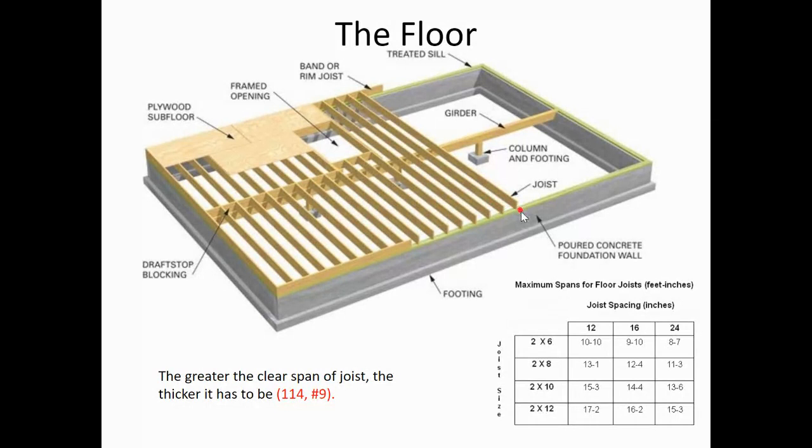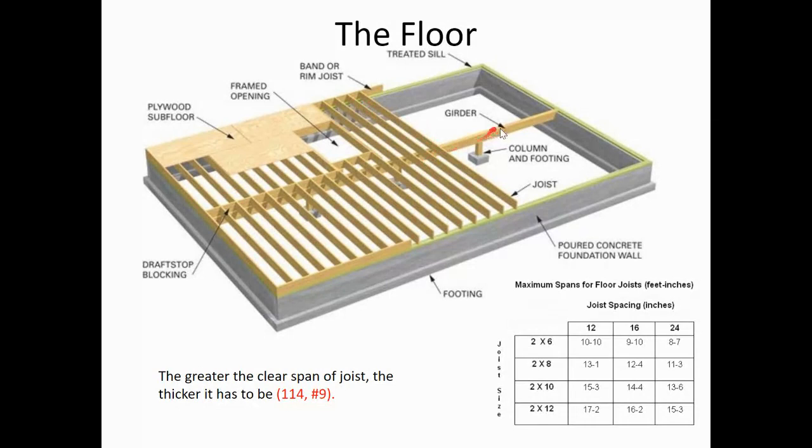And so what we need is we need something to hold up the ends of the board in the middle of the house, and that's what the girder does. So the girder is held up by the concrete foundation and by these columns. And then the floor joist rests on the girder and on the concrete wall.